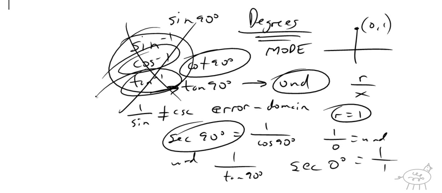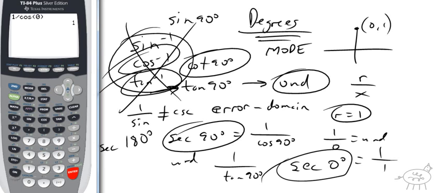Okay, and also if I want to do secant of 90, let's go back to secant of 180. Let's do that in the calculator. So it's 1 divided by cosine of 180. Well, what's cosine of 180?